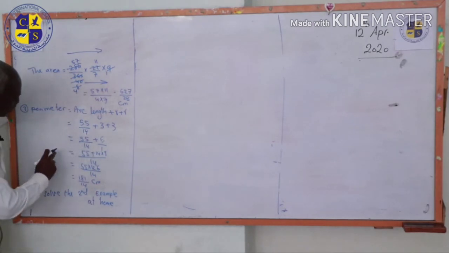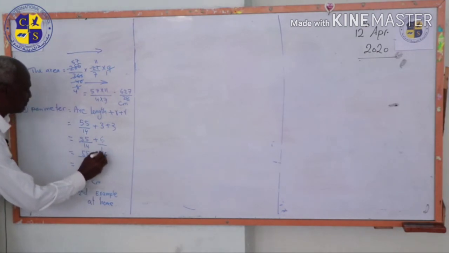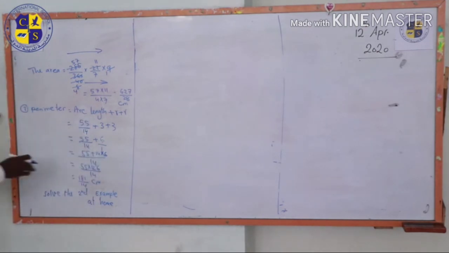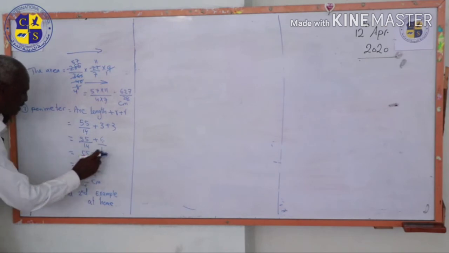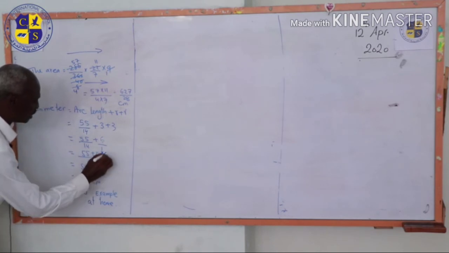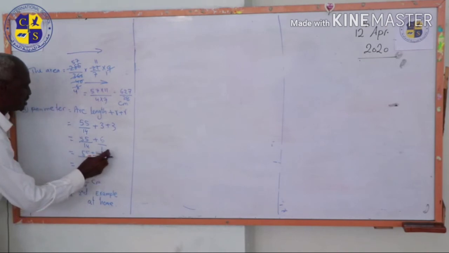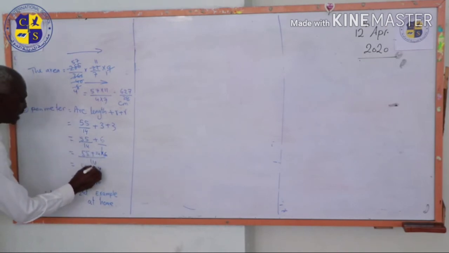Okay, now you can reduce or multiply. Multiply by finding the LCD. So 6 multiplied by 14 is equal, 6 multiplied by 4 equal 24, 6 multiplied by 1 is 6, so 84.